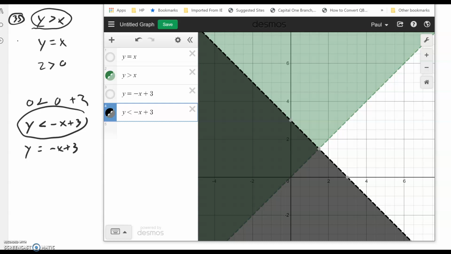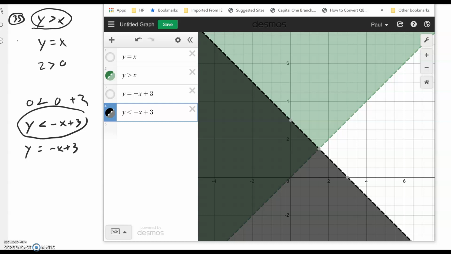So this point, for instance, 0, 2. If you put in 0 for x and 2 for y, this green inequality is true. If you put in 0 for x and 2 for y, the black inequality is true. So every single point in here makes both inequalities true. These points up here in the light green, they only make the first inequality true.